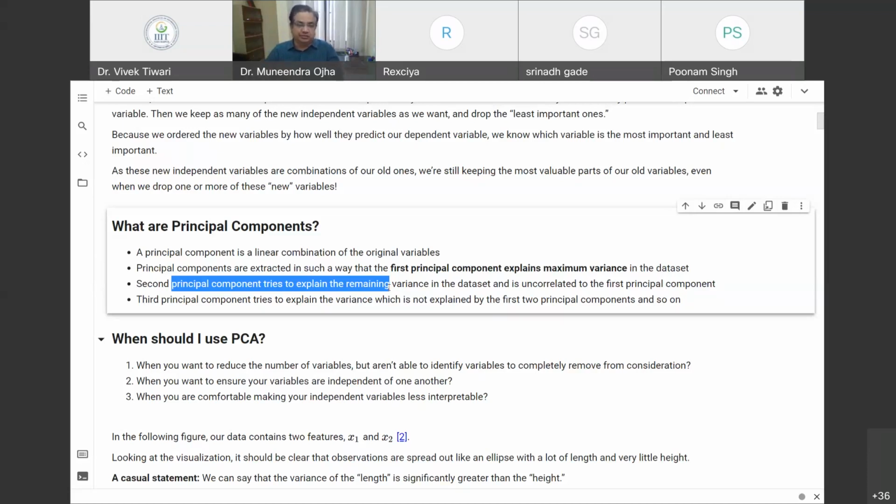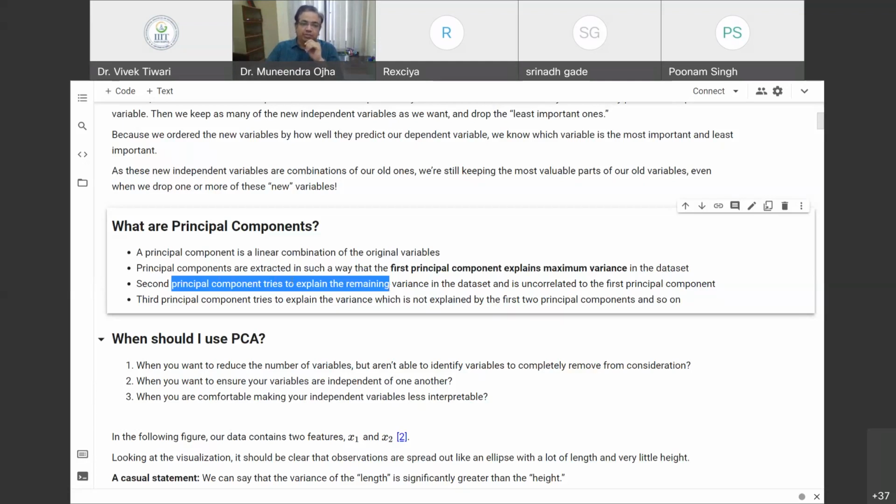The first principal component is the reason why up to 60% of the variance exists. Then the second principal component tries to explain the remaining portion of the variance. So suppose 60% is explained by the first principal component, then 40% will be explained by the rest. The second, third, and then fourth will try to explain the remaining variance, and so on.